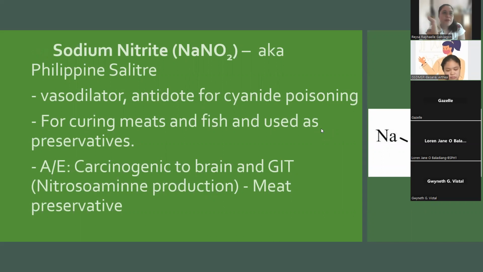And if the patient class experiences poisoning of this one, you can use the sodium nitrite as an antidote. Okay, so what shall we do to avoid cyanide poisoning? What are we going to do with the balanghoy? Actually, hindi lang siya sapat sa hugas.